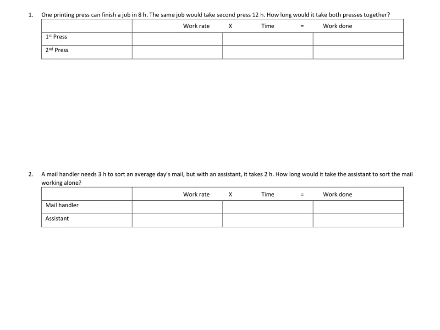Okay, so number 1 says one printing press can finish a job in 8 hours. The same job would take a second press 12 hours. How long would it take both presses together? Okay, so instead of thinking about this as 2 printing presses and some job, let's put an actual physical idea with this. Let's say we have 2 different printing presses.